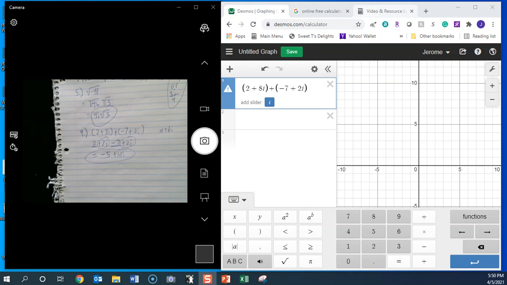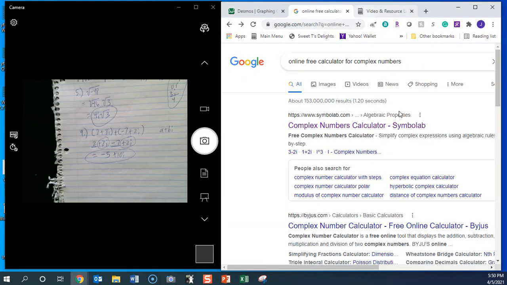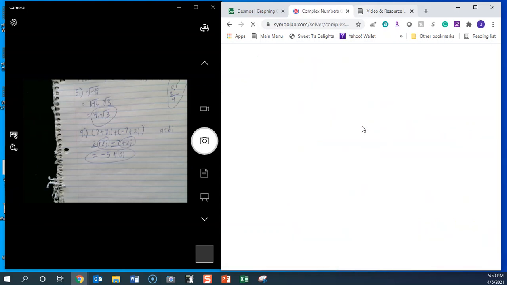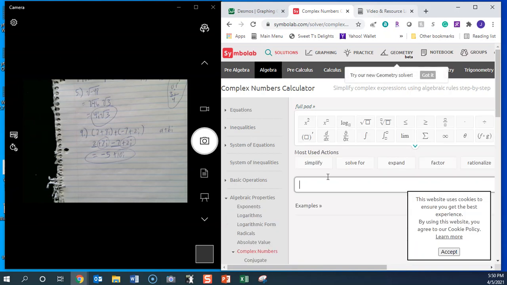It's very easy to access. I'm going to click here, and it's this website here, www.symbolab.com. And I'm going to click here and go to this calculator, and I'm going to type in the problem that we had here.